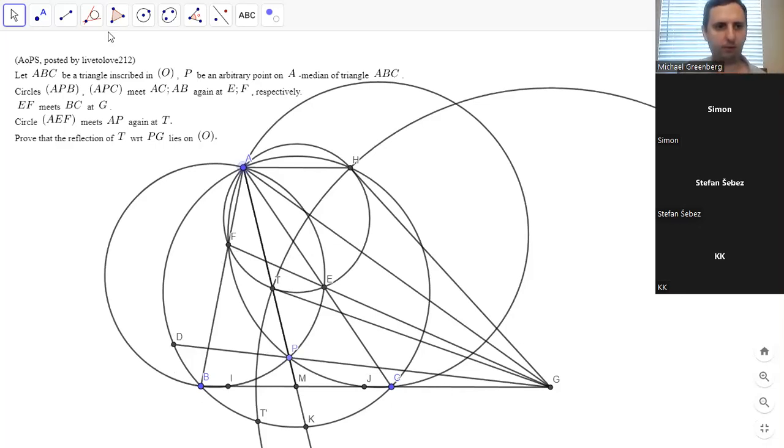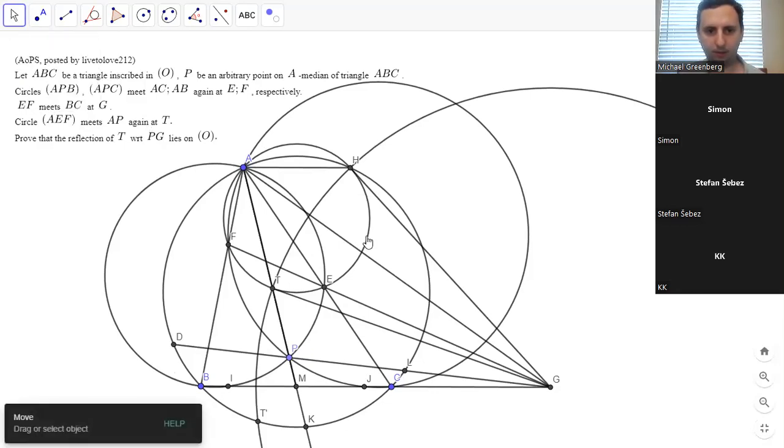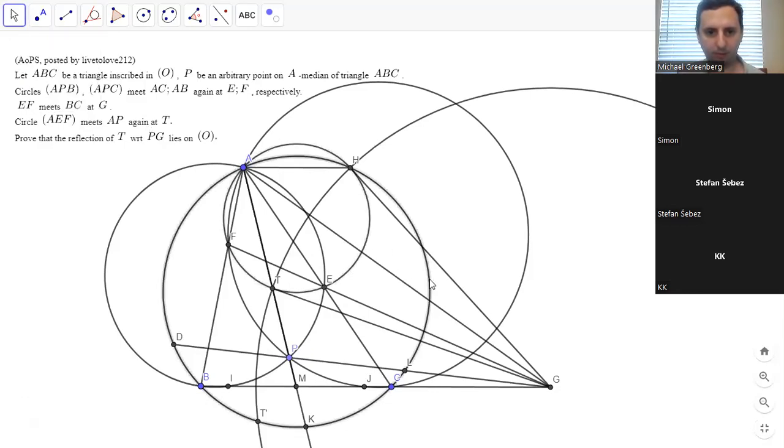So basically, we could draw this other point right here. And it looks like LTDK is a parallelogram. So basically, that means the power of P with respect to this circle and this circle is the same.